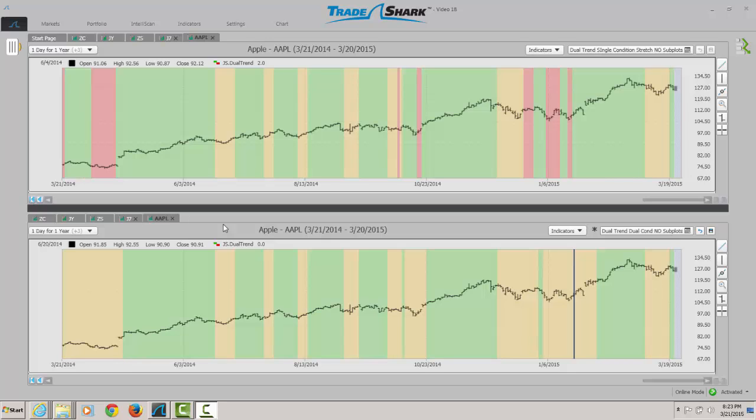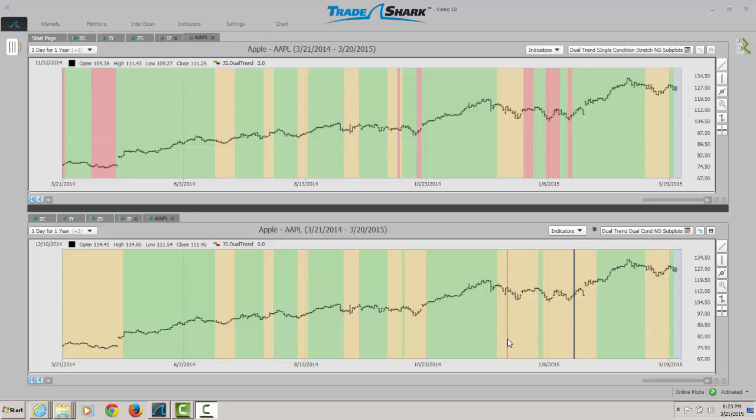But here we'll at least provide one stock example, in this case, as I said, using Apple, and on the top, as before, we have it with the single condition dual trend, and in the lower chart with the dual condition dual trend. And you can see in both cases, we basically capture the major portion of the uptrend that occurred in the stock during this past year.